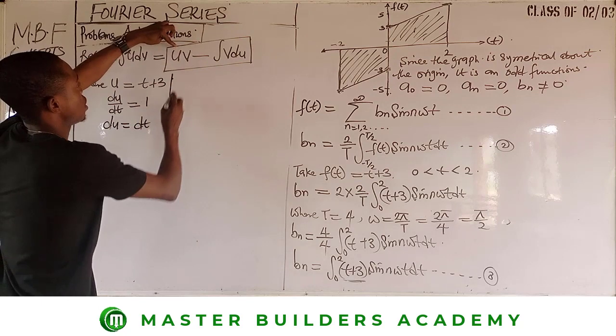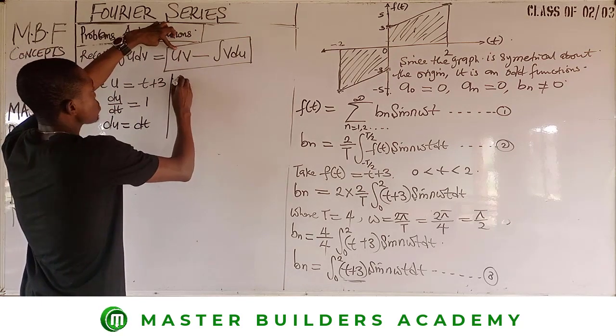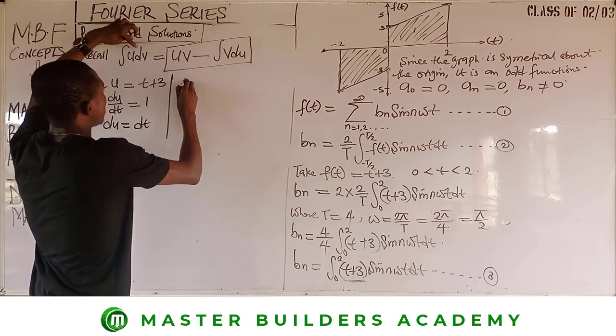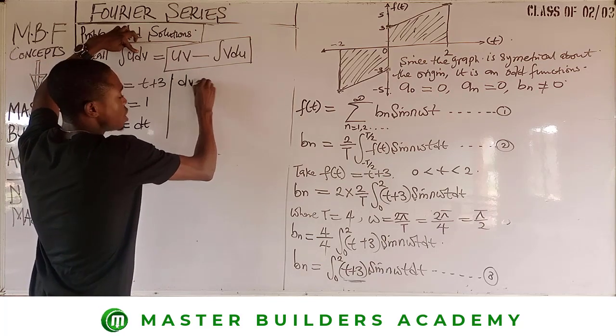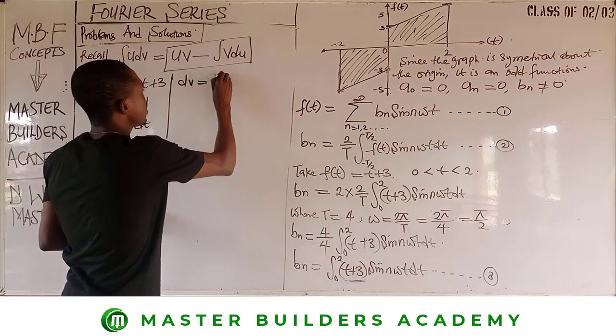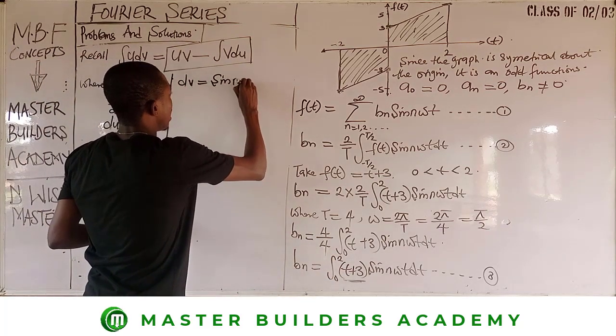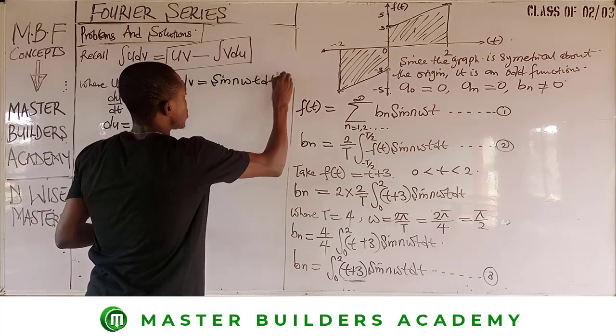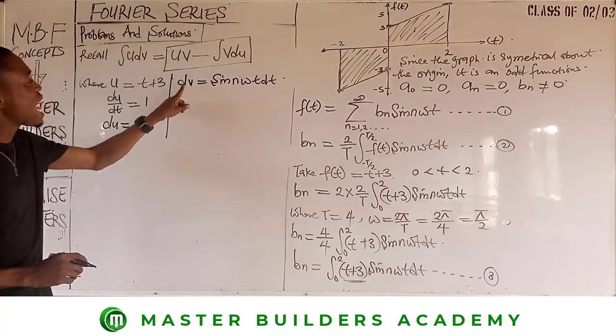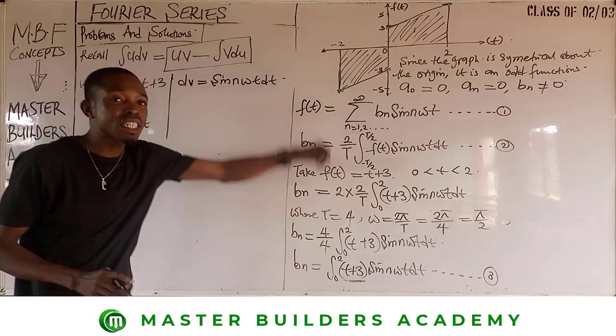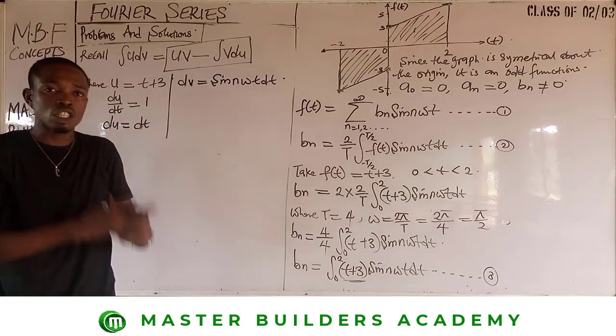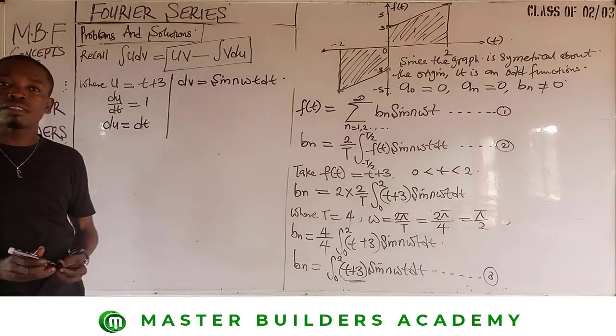At this point, guys, I have that the remaining part dv is equal to sine n omega t dt. Now that I have dv, in the right hand side, which is actually the solution to the integration by parts, I do not have dv there.